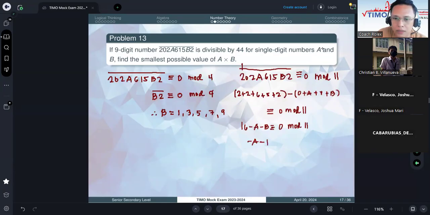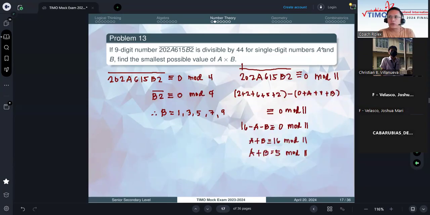So you will have negative A minus B equal to negative 16, but let's use A plus B positive. This is equal to 16 mod 11. So of course, A plus B can be 5 mod 11.